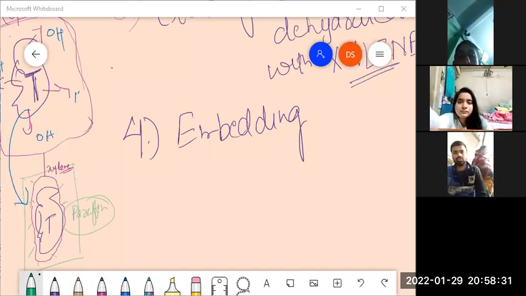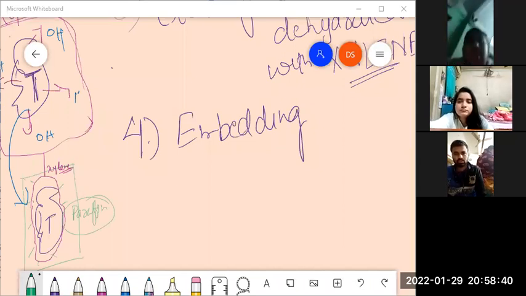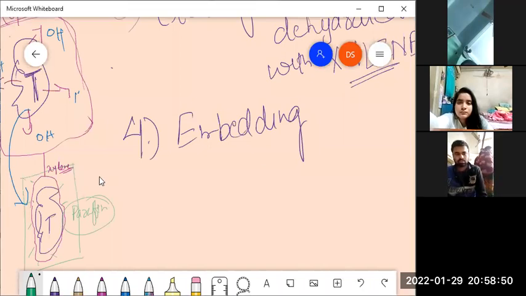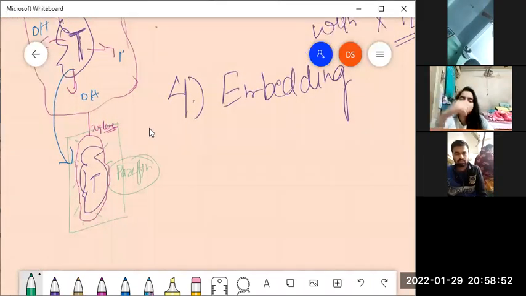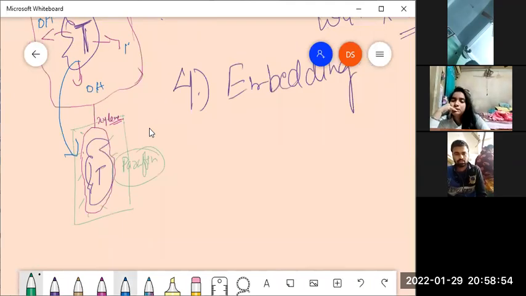Now, in addition to the counterbalance of the deforming force, there are a few other purposes for embedding. What is that? Normally, when we collect a tissue, in the tissue we find multiple cells, right? We already know that tissue is made up of cells.